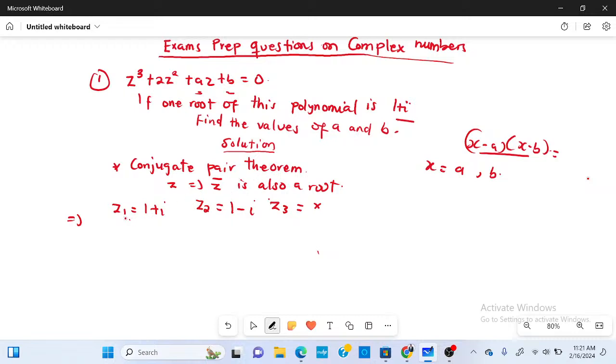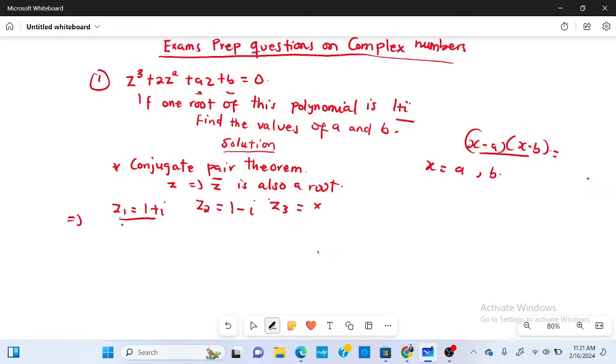So now if I have one root z1 equal to 1 plus i, meaning that in our equation, we don't use x1, x2, so there's no need for z1, z2, z3 because z is z from our polynomial.